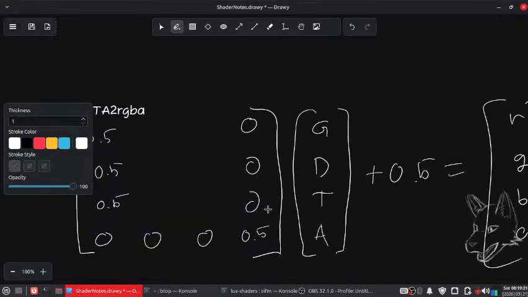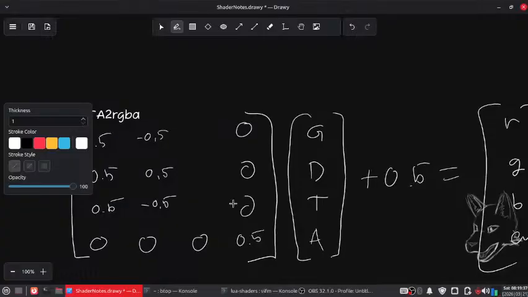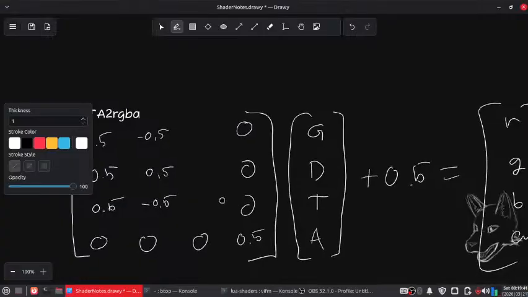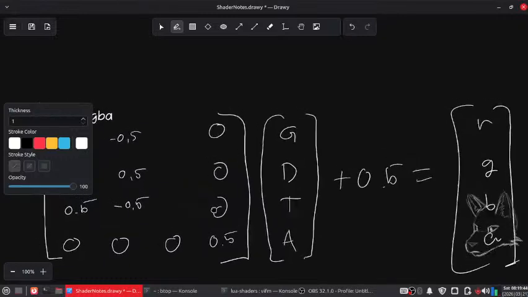Which means minus 0.5, 0.5 minus 0.5, and temp is, yeah, D is green, so temp is what?